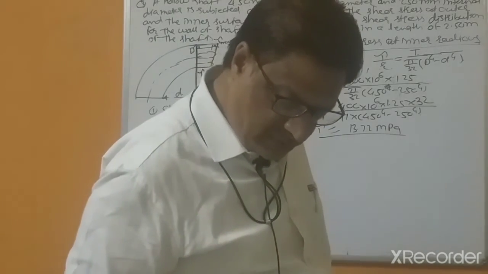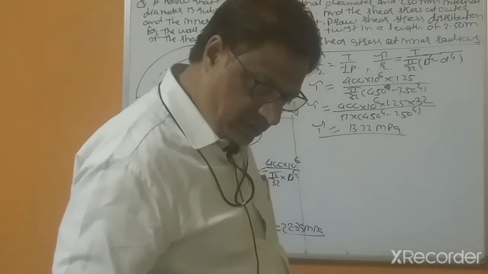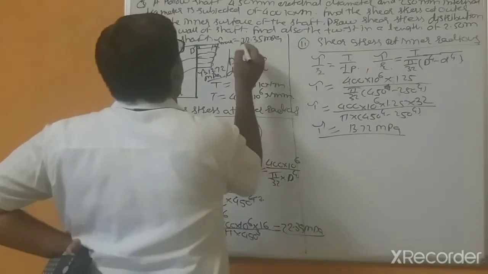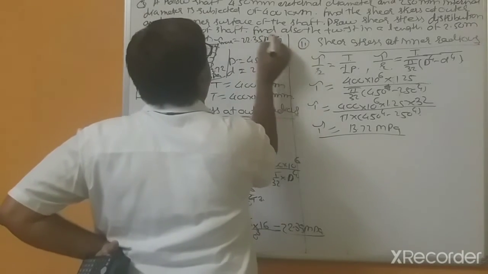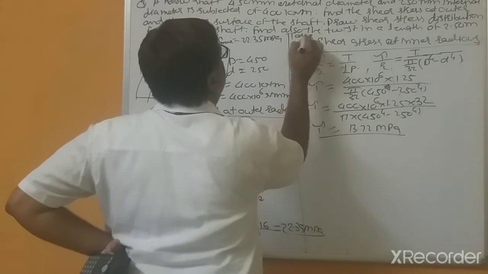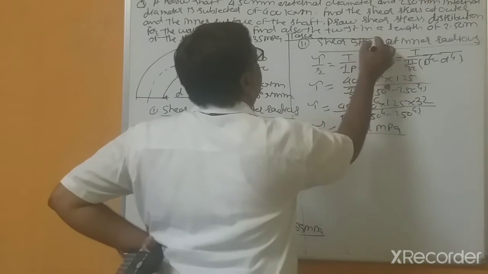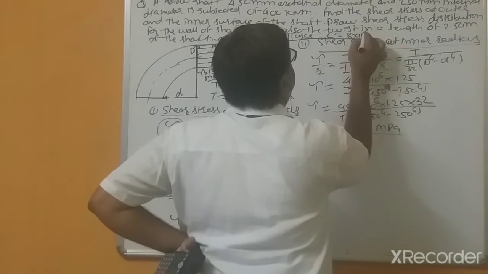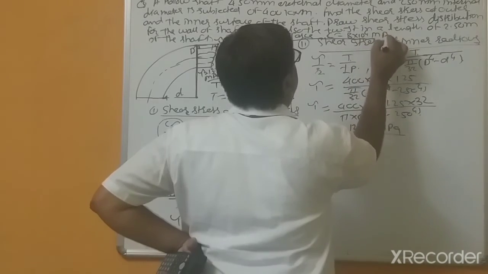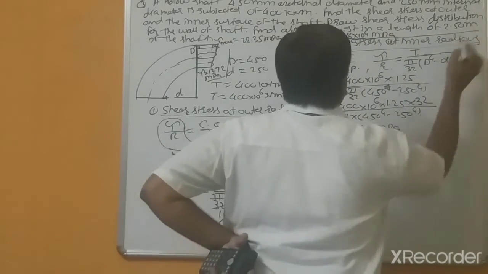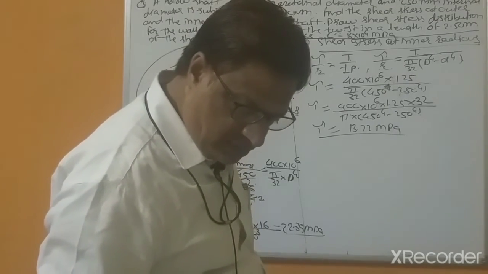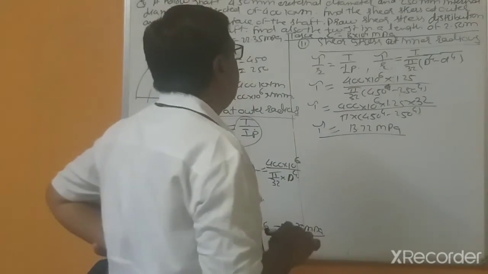So this modulus of rigidity, right, take C equal to 8 into 10 to the power 5 megapascal.